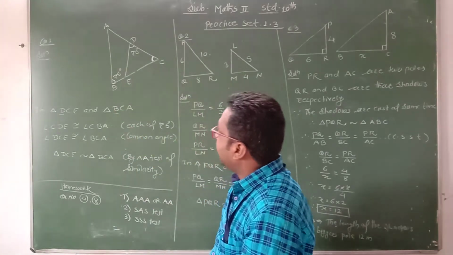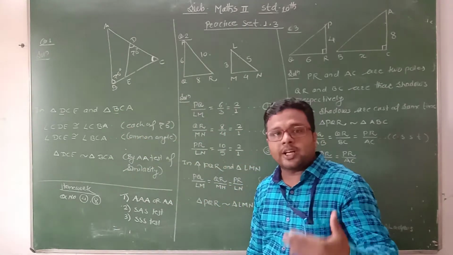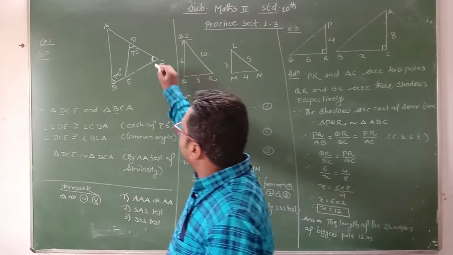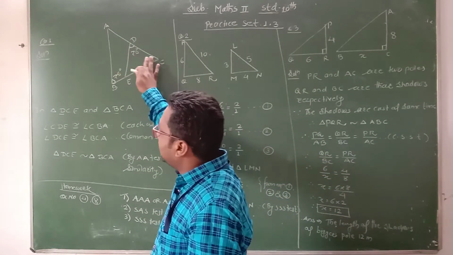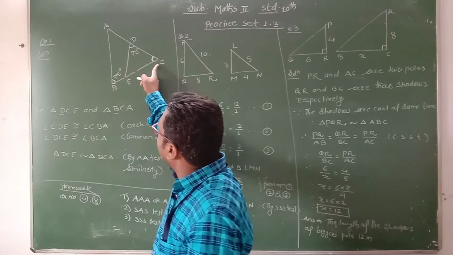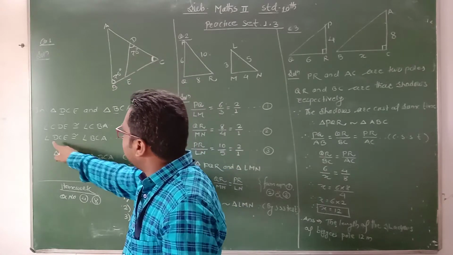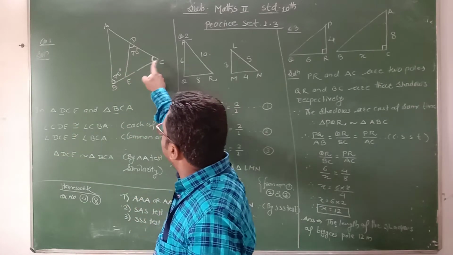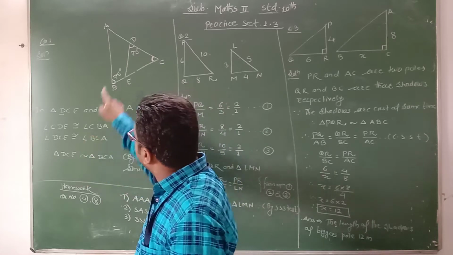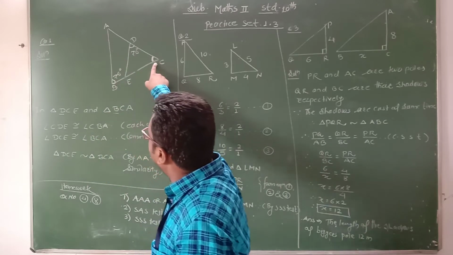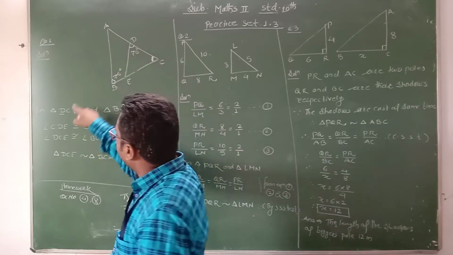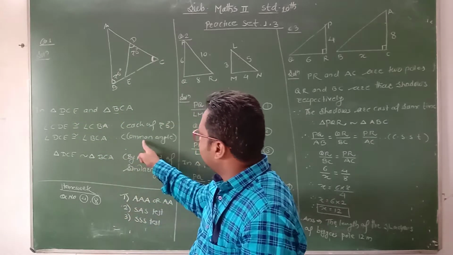Then find out the second angle which is congruent in both the triangles. See, angle C is the common angle for both the triangles. Therefore we write angle C for this small triangle as DCE, and for the second triangle the same angle, we write BCA according to this correspondence. This is the common angle.